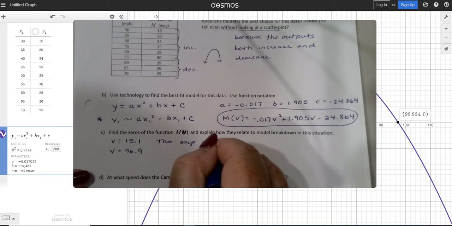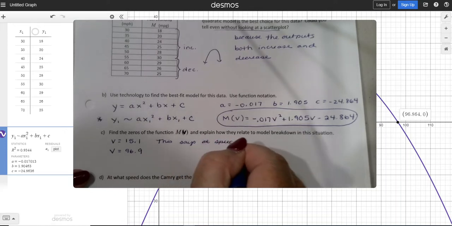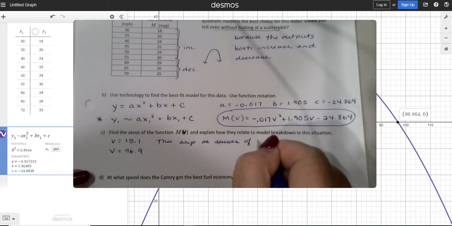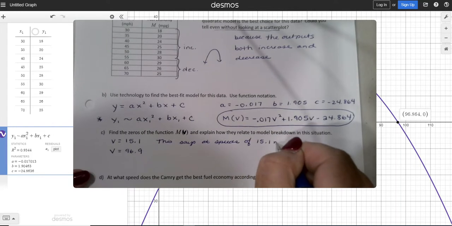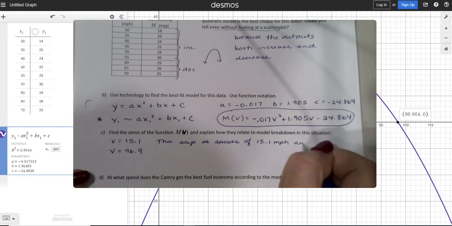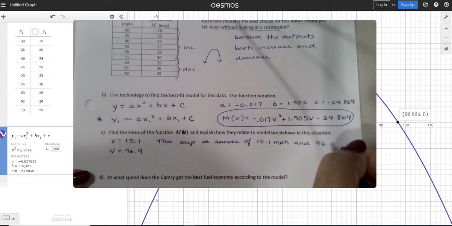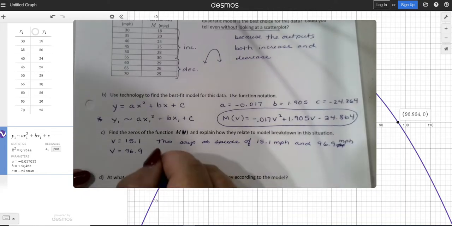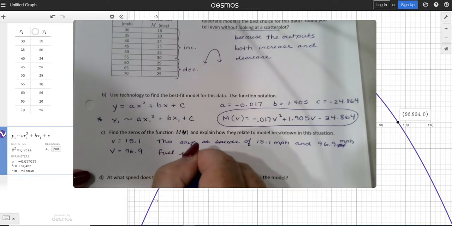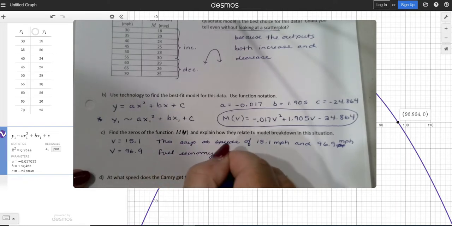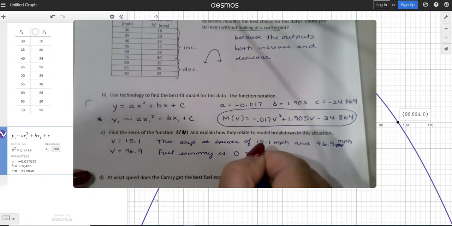This says that at speeds of 15.1 miles per hour and 96.9 miles per hour, fuel economy is 0 miles per gallon.